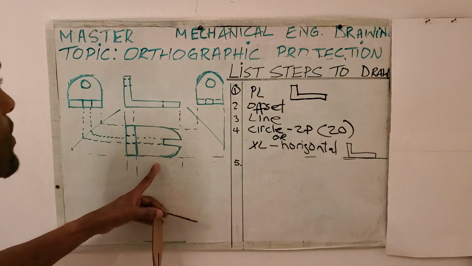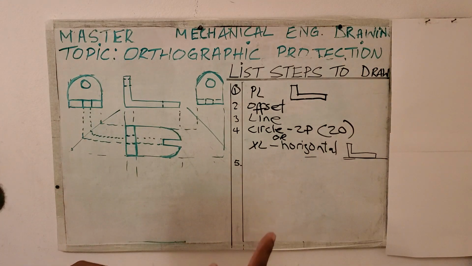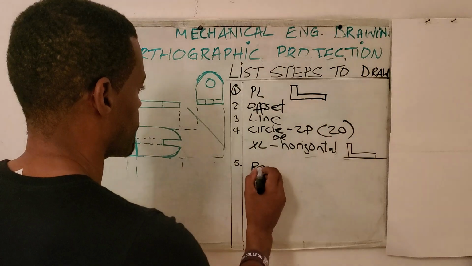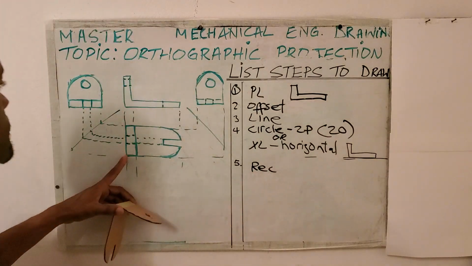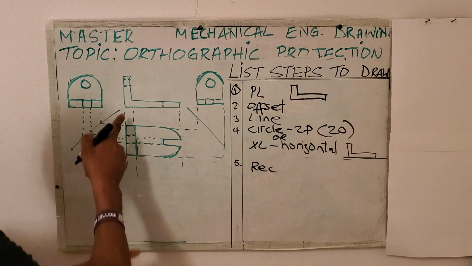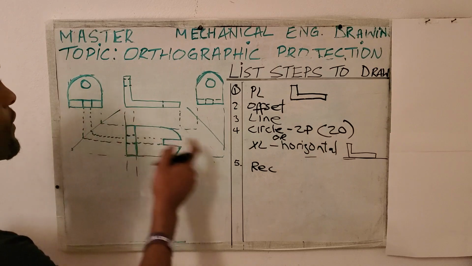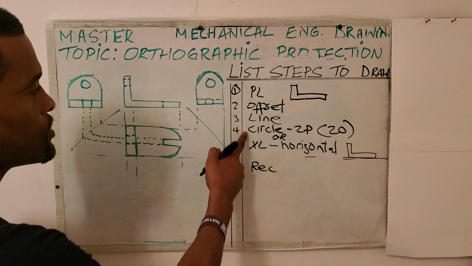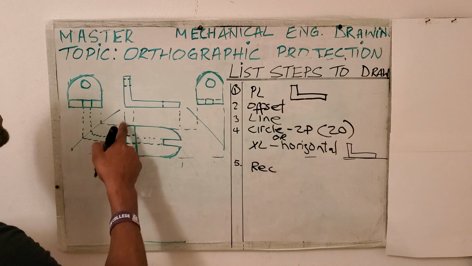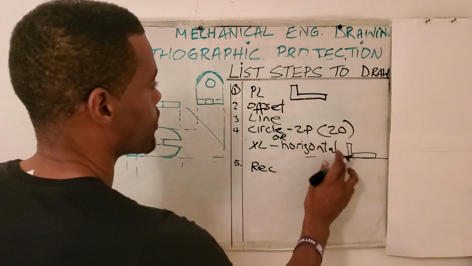The fifth step would be to draw a rectangle, equivalent to the length. What you could do as well, you could draw a line from this point down 20 millimeters to get this point.